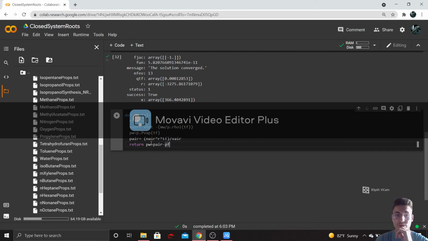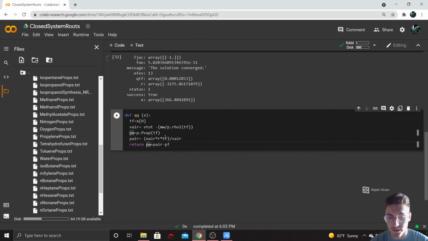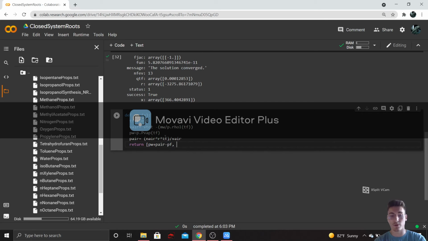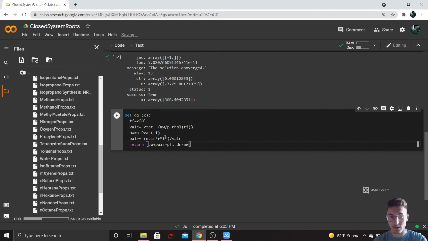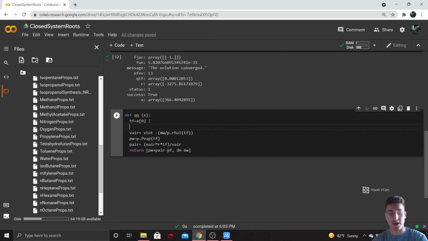So what we're going to do is, instead of returning just this, we also want to return a second equation, which is going to be our desired number of moles minus the found number of moles. So we'll just say NW, and then close that off.